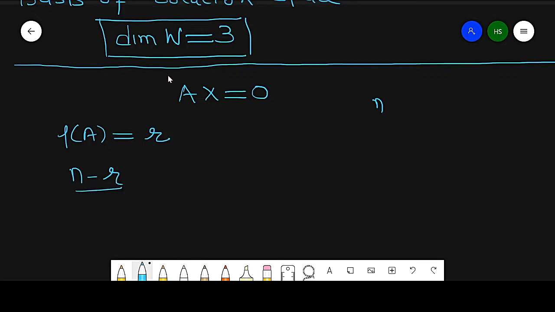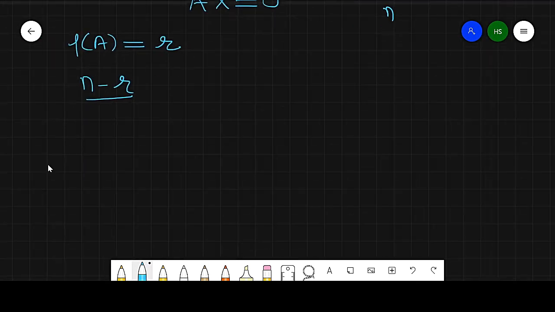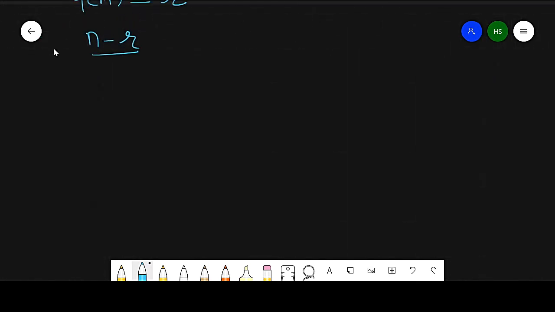Similarly in this case the number of columns is 5 and the rank is 2, so 5 minus 2 is the dimension. This is a very important type. In every exam it will be asked: find the basis and solution of the system of equations.